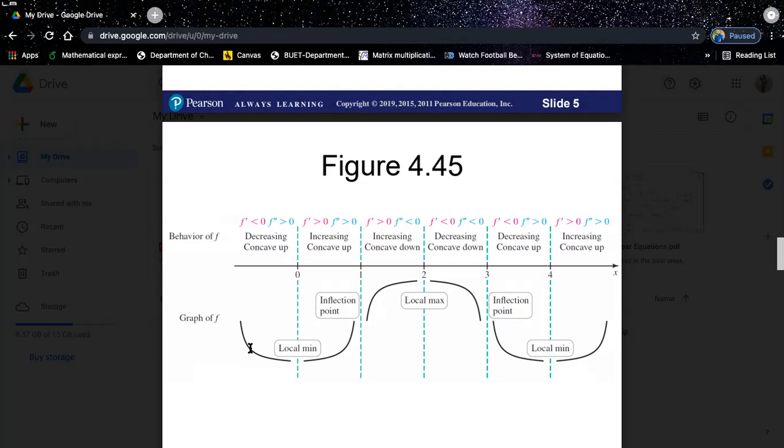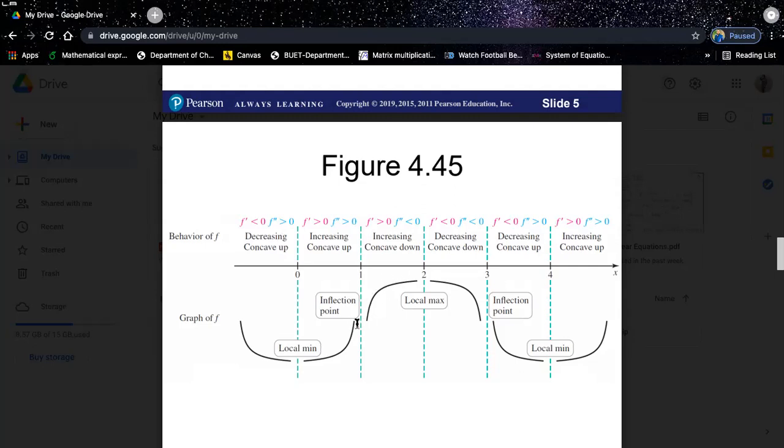Okay, then again, from 1 to 2, our first derivative is still increasing, but we have said that it goes from concave up to concave down. So that means at 1, we have an inflection point. That means if the slope of the tangent was increasing at this point, it will be decreasing on this part of the graph.